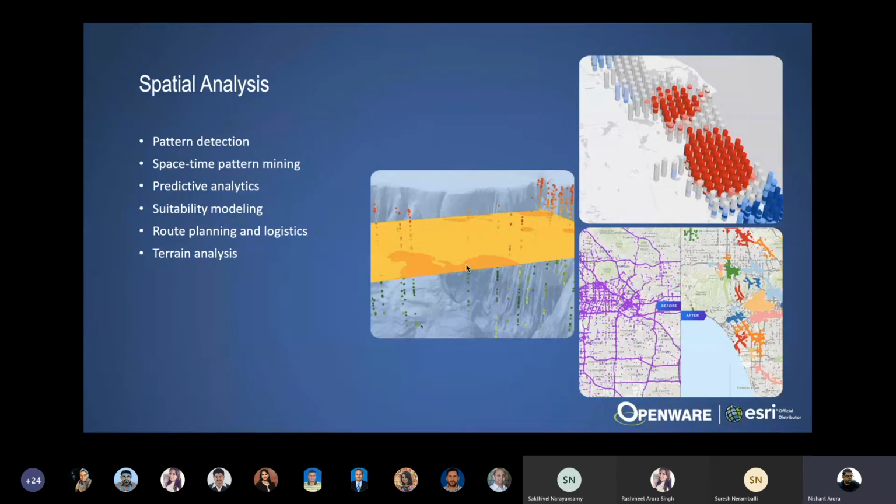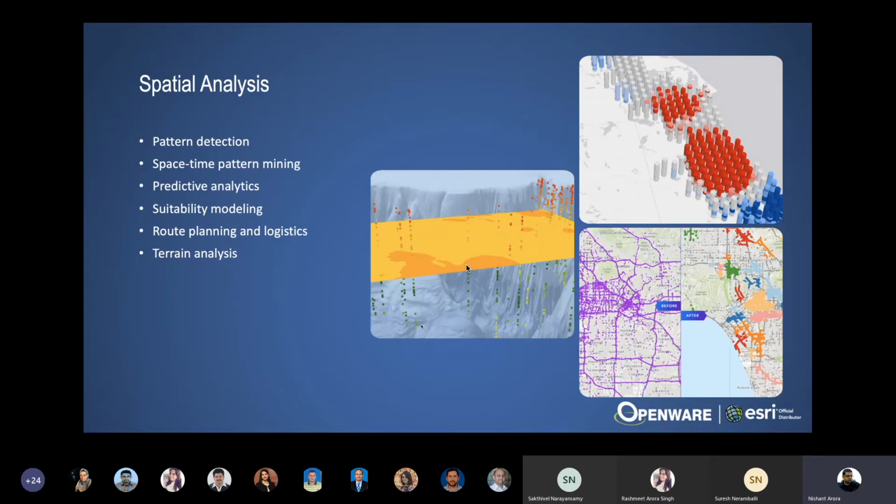You can perform site suitability selection, find clusters, make predictions, and quantify how patterns change over time. Create sophisticated statistical and machine learning models that unlock the full potential of your data.